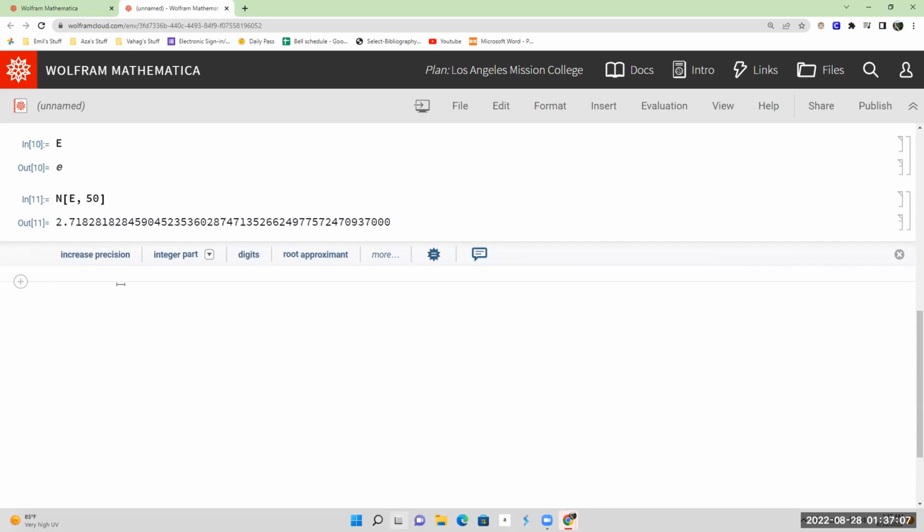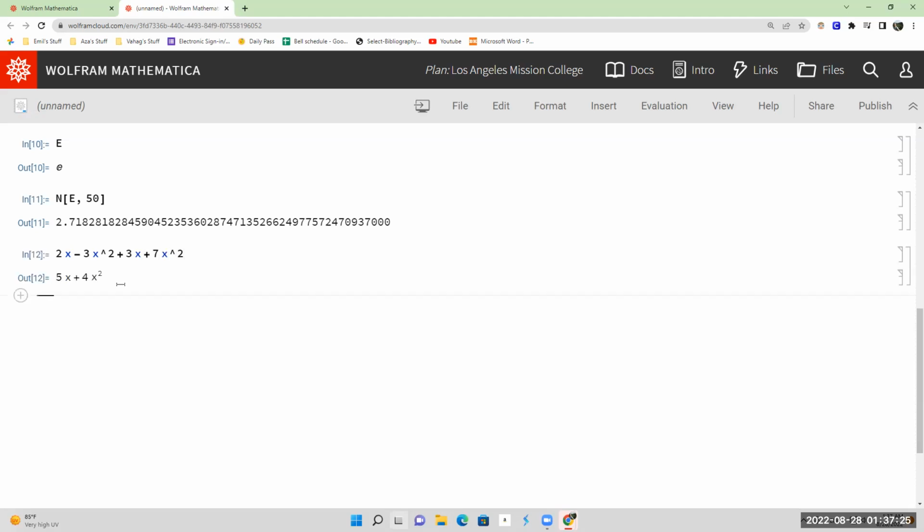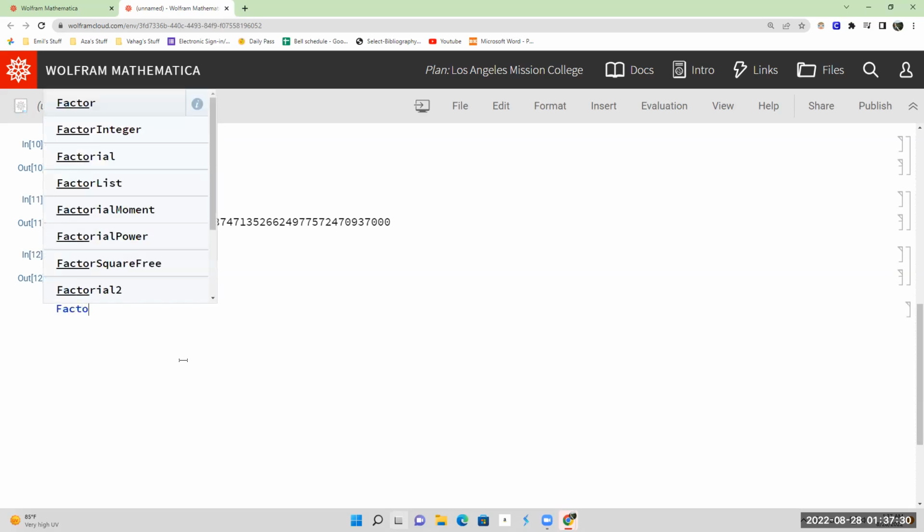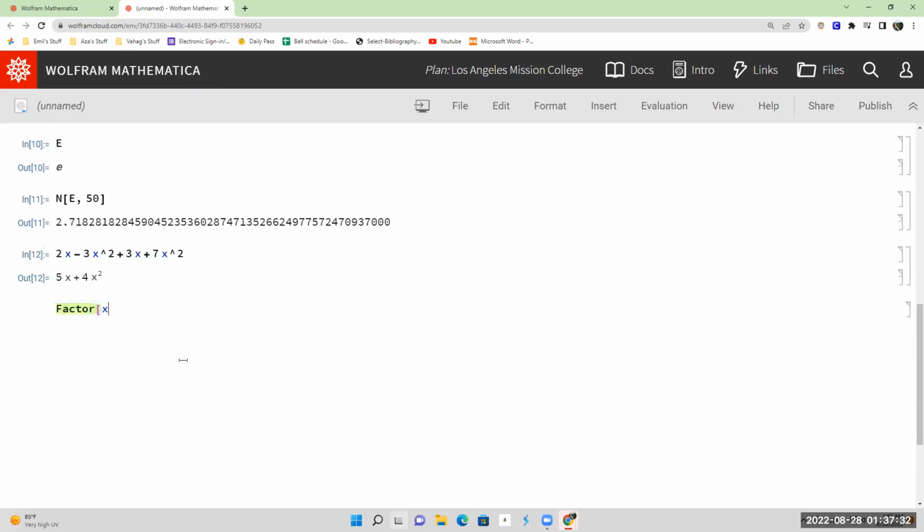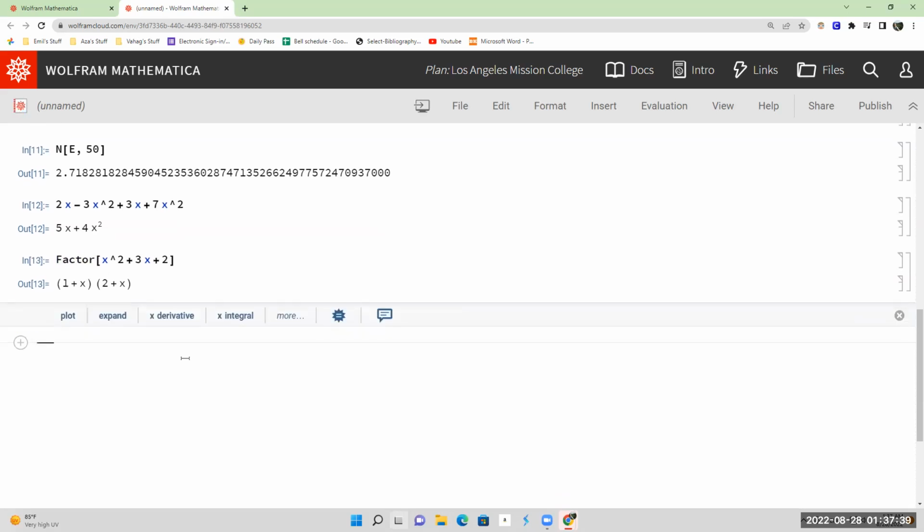So we can do algebra with Mathematica. Algebra works in the way you would expect. So this is 2x minus 3x squared. We could enter that using the Shift-6 command. So this is just basically adding like terms, as you can see. We can also factor algebraic expressions like x squared plus 3x plus 2. We can go backwards.